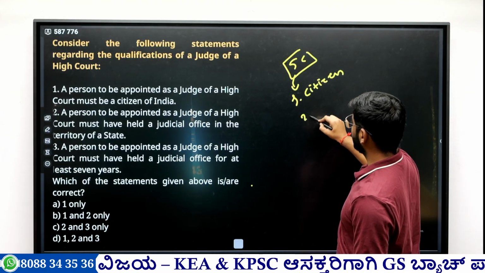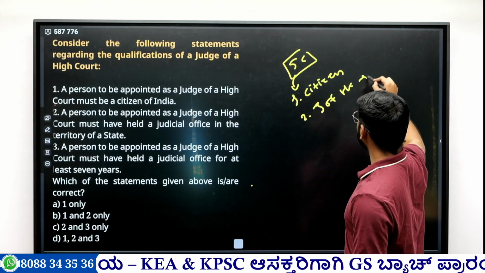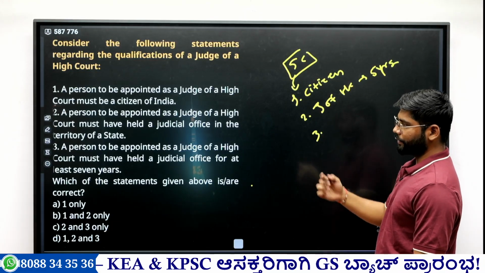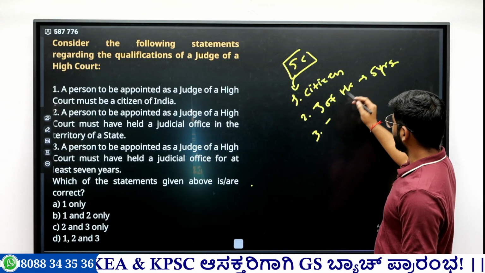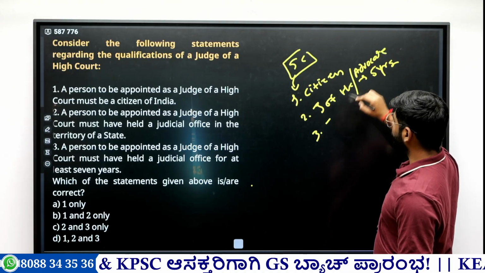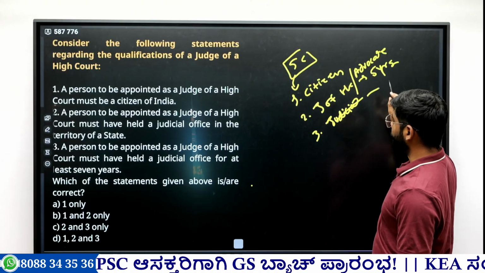Then second is he must be judge of High Court for how many years? It is 5 years. Third condition, the person must have been a judge of High Court or advocate. Now when it comes to judicial office, the same applies.